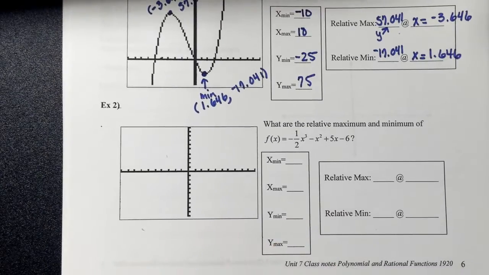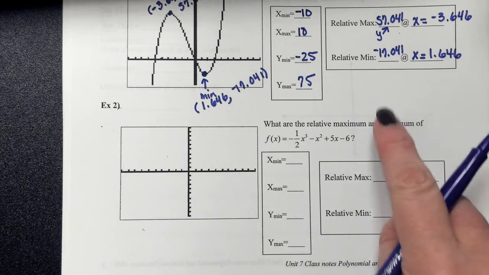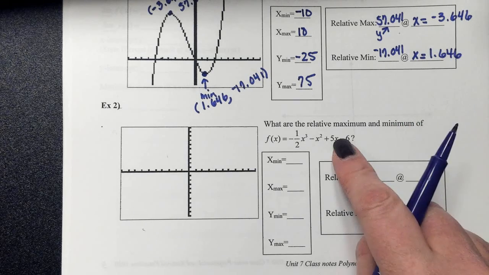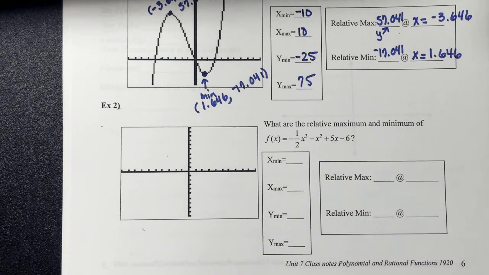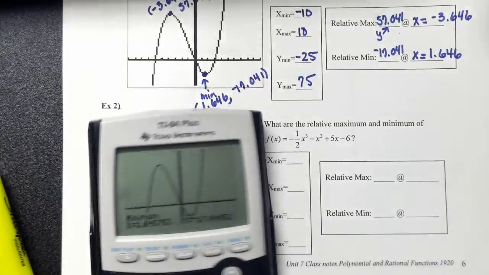So here's another example. What are the relative maximum and minimum of this particular polynomial? Again, I'm going to go under y equals.